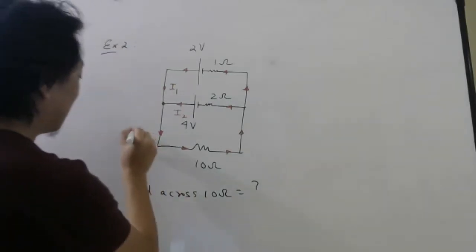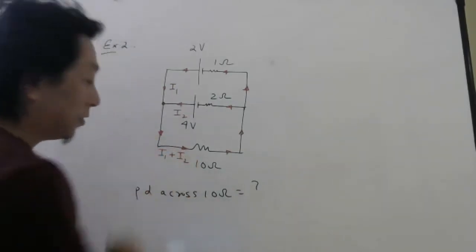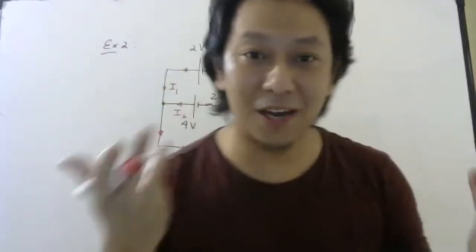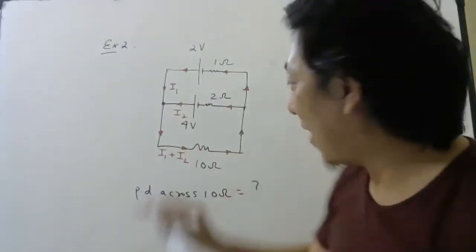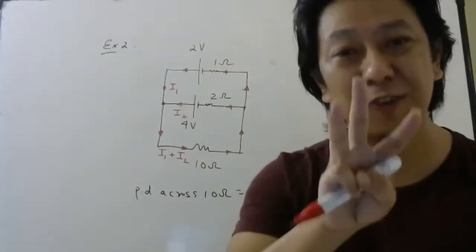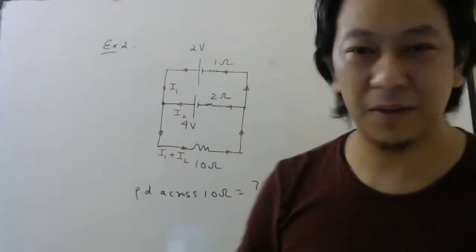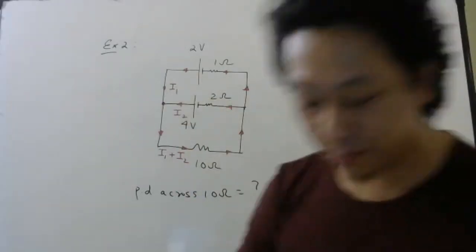I1 plus I2. So don't think Kirchhoff's current law we are not using. We are using it to find this current. Otherwise I would write I1, I2, I3, 3 variables will come, 3 equations. It will be complicated. Better to make it fewer variables.